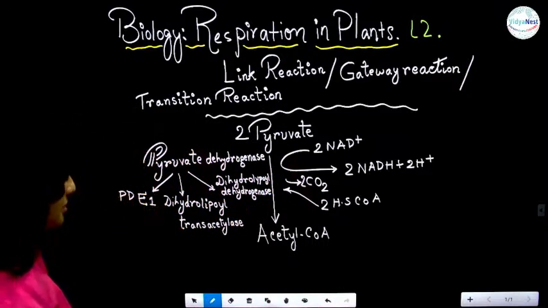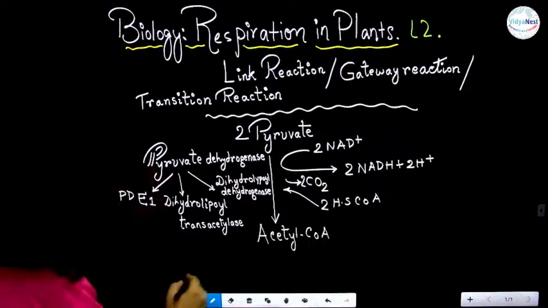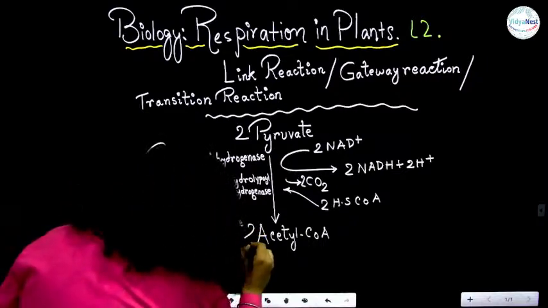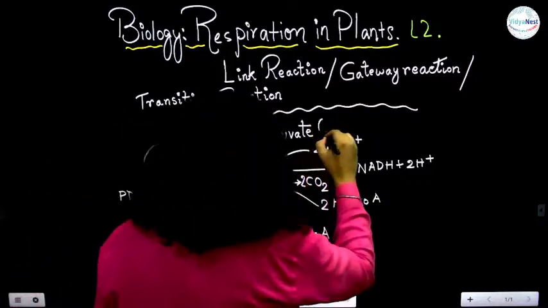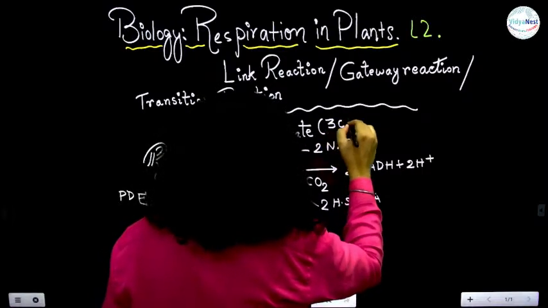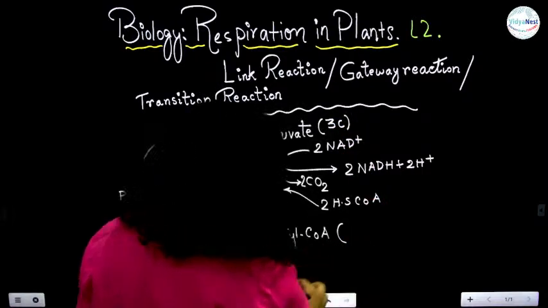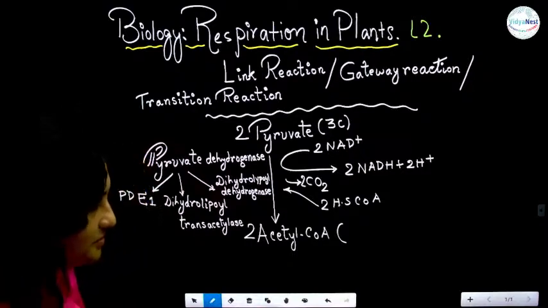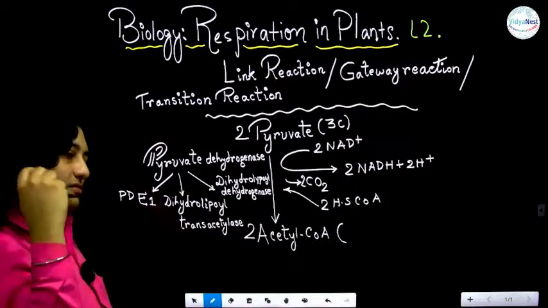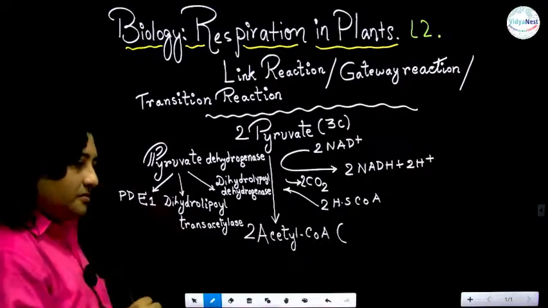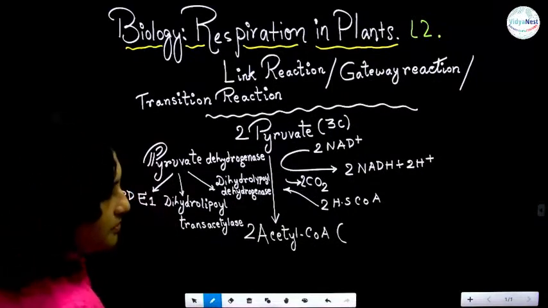Pyruvate is 3 carbon. Can you tell me what the carbon number will be here?